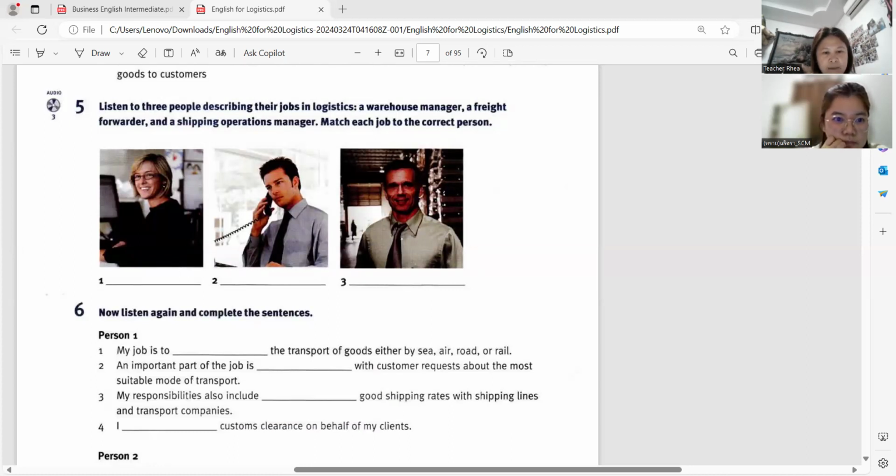Listening, audio 3. Listen to the 3 people describing their jobs in logistics. These people are a warehouse manager, a freight forwarder, and a shipping operations manager. So let us try to find out who is who.